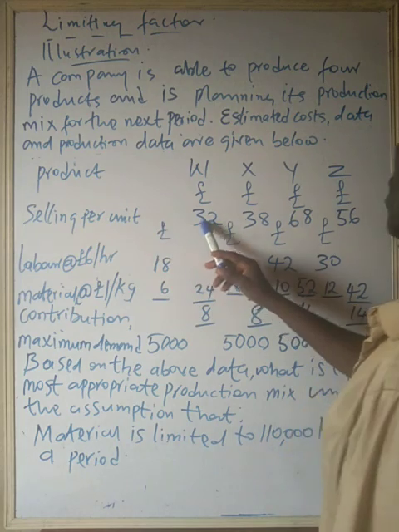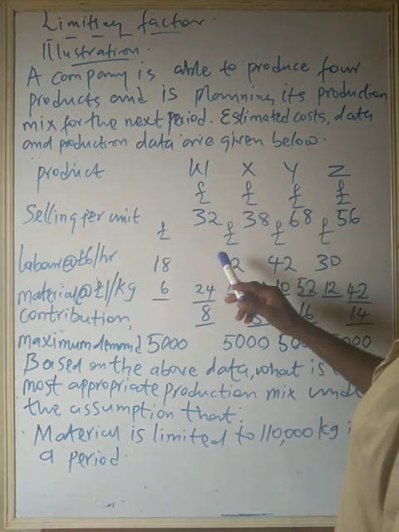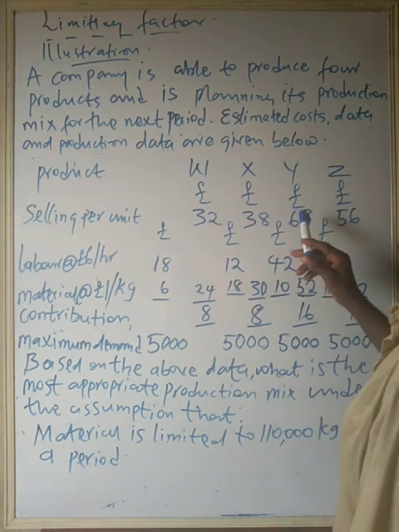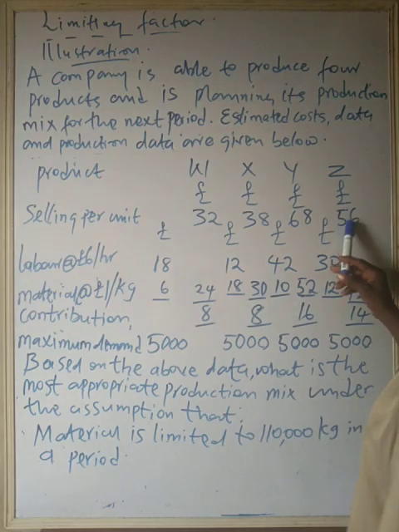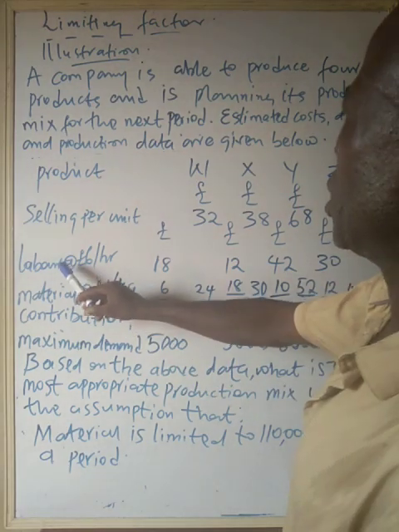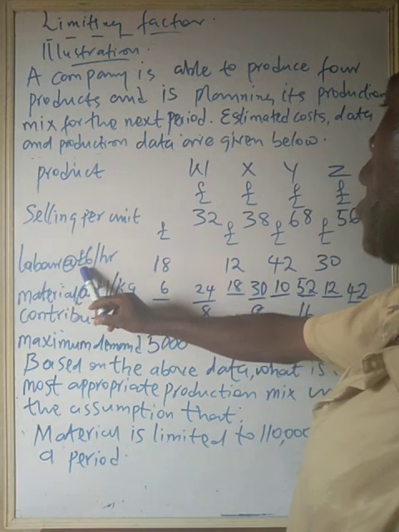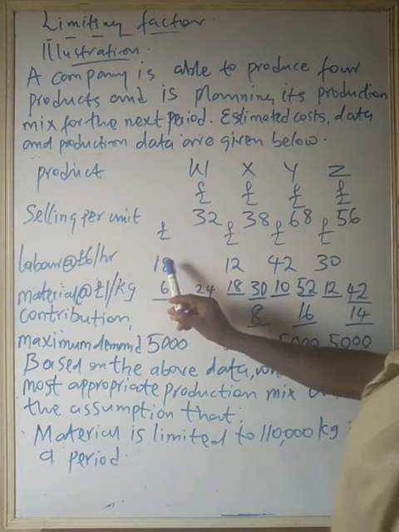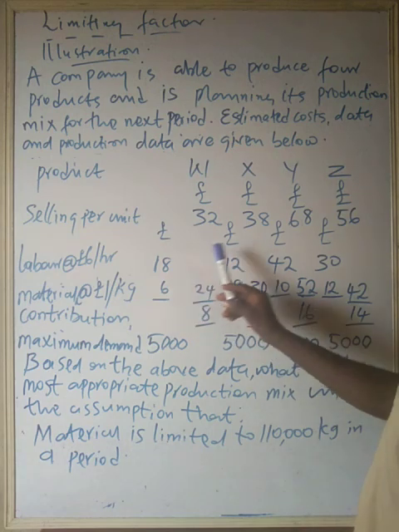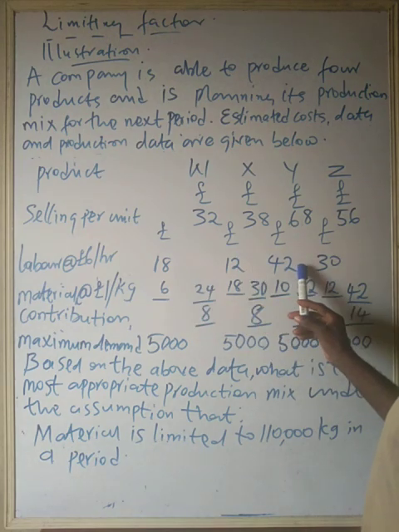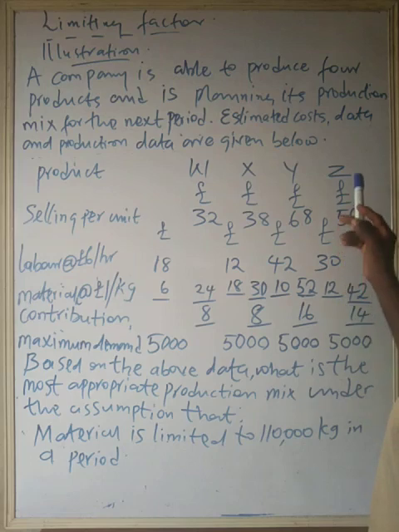Selling price per unit is 32 for product W, 38 for X, 68 for Y, 56 for Z. And the marginal costs are labor at 6 pounds per hour: 18 pounds, 12 pounds, 42 for Y, 30 for Z.